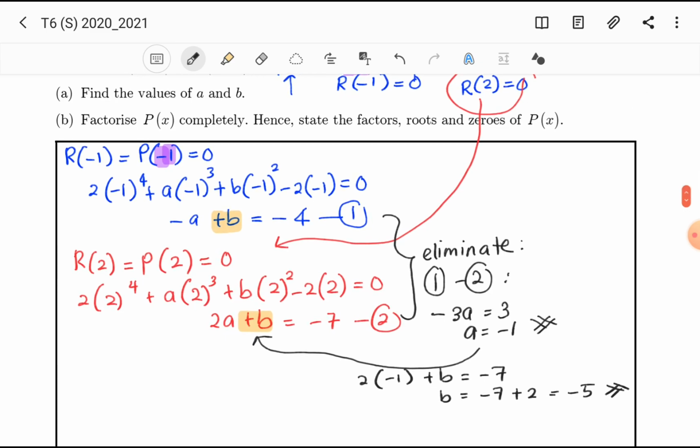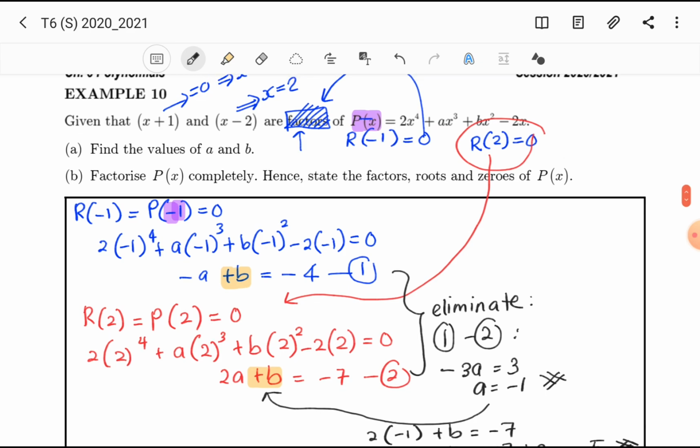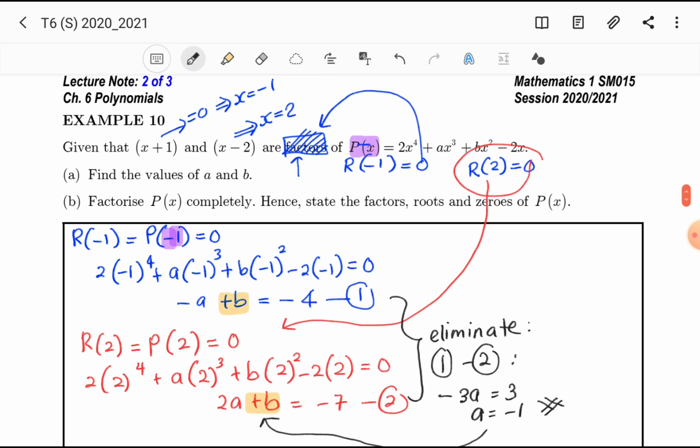Okay, next, factorize px completely. Hence, state the factors, roots and zeros. Okay, so kalau awak tengok kat sini, kita punya polinomial kita ada sampai kuasa 4 ni, kuasa 4.